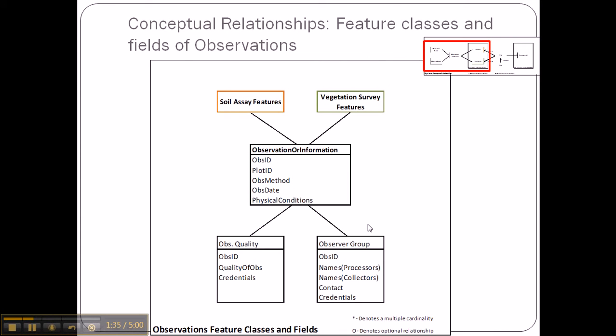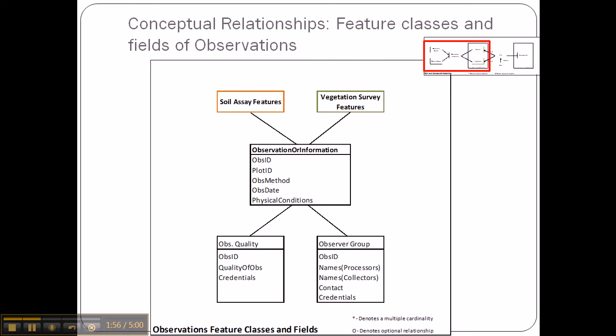The last piece of my database design that I'll be talking about is the observation or information segment of the design. As you can see, the primary key for the observation or information attribute table is the observation ID.